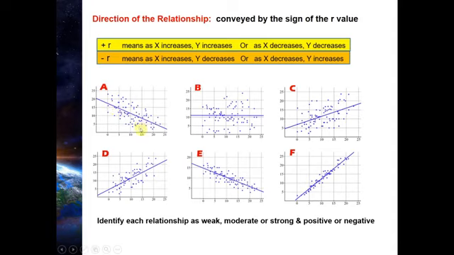An example might be, let's see, as the number of police cars on the highway increases, your speed decreases. How's that? Okay, so as the number of police patrol cars on the highway increases, the average speed of the cars decreases.